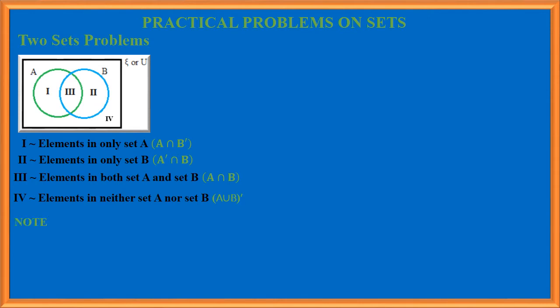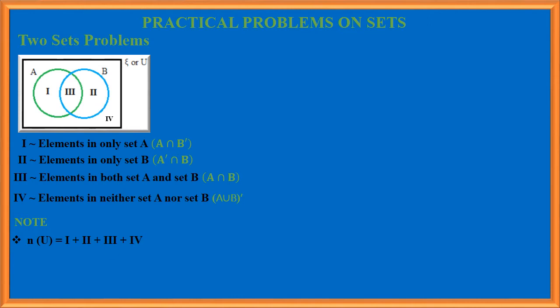Let's take note. In order to find the number of elements in the universal set, we have to add all the four components here. So n(U) should be equal to I plus II plus III plus IV.